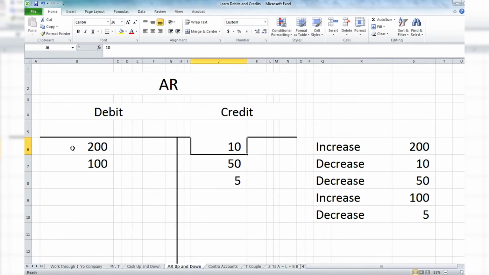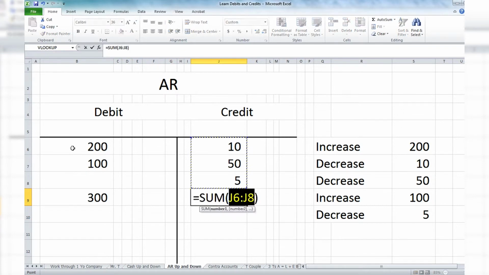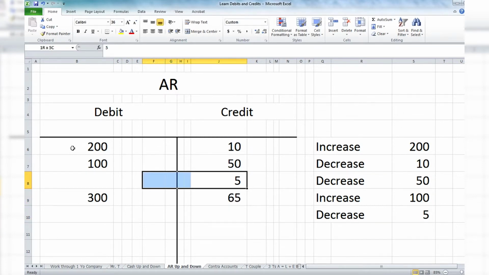So these transactions are accumulating here in the accounts. Another way to approach it is just add up the two sides. I'm just doing a sum function in Excel. Don't worry about that. You can do it manually.